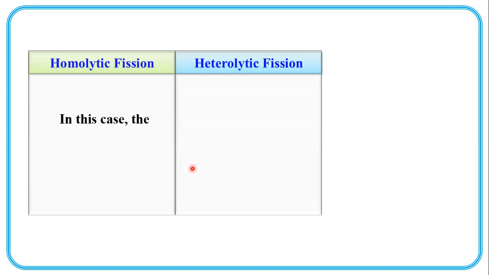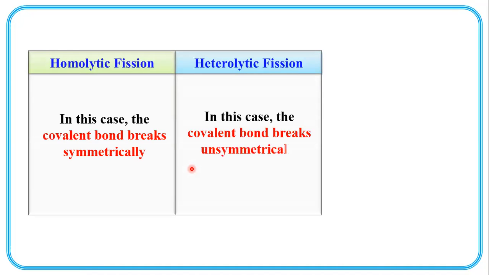Now, distinction between homolytic bond fission and heterolytic bond fission. The first point: in homolysis, the covalent bond breaks symmetrically, and in heterolysis, the covalent bond breaks unsymmetrically.